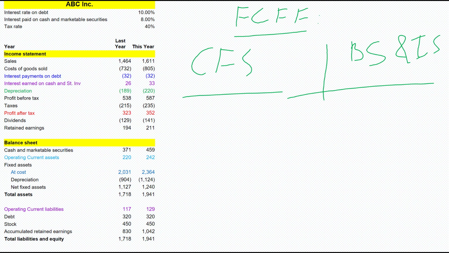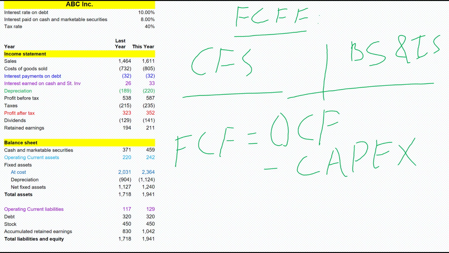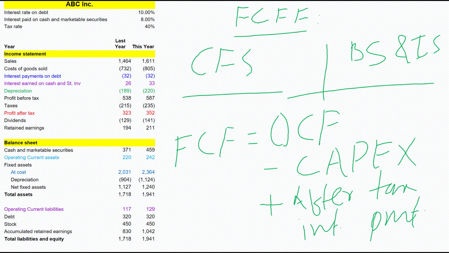If you want to calculate free cash flow from your cash flow statement, you can simply compute it as your cash flow from operations, right? Operating cash flow, minus your capital expenditure, and you adjust for the interest payment. So that would be after tax interest payment. By doing this, you can get the free cash flow.